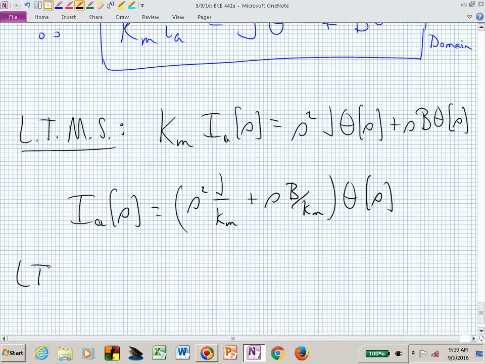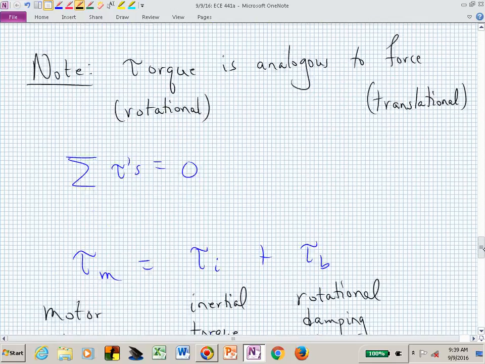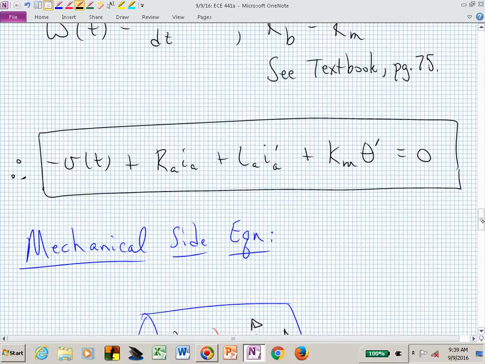And if we have LTMS, what's LTES? Laplace transform of the electrical side. Here's our electrical side we want to Laplace transform. So that will just be minus capital V of s plus R sub a I sub a of s plus s L sub a I sub a of s plus s k sub m theta of s.